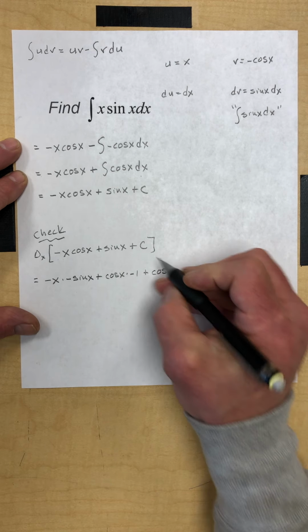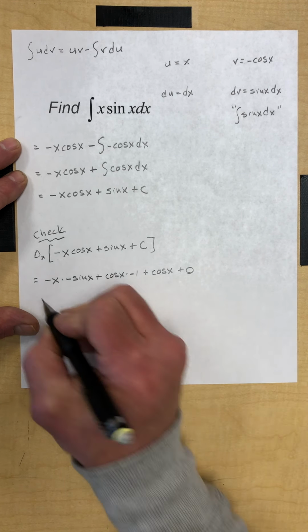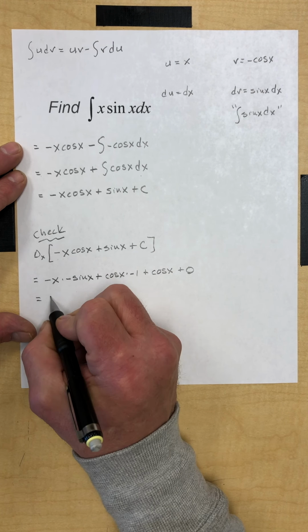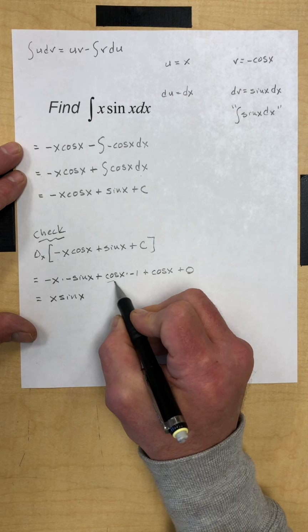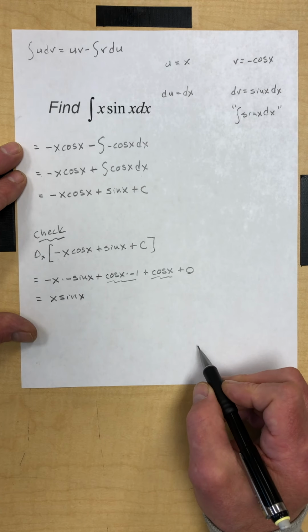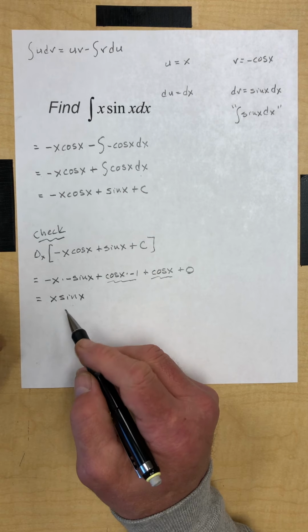And the derivative of the constant of integration obviously would be 0. Well, the negatives cancel here, so we just get x sine of x. And notice that this would be the opposite of the cosine of x, and that would cancel with that guy. It takes us back to the original integrand, so our answer is correct.